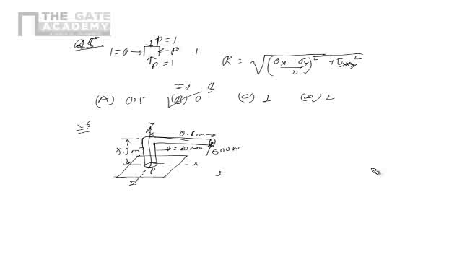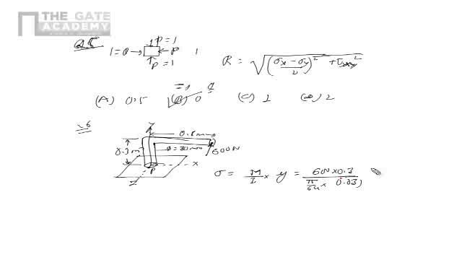It's easy to find out. Normal stress is nothing but M upon I into Y. What is the moment at this location? The moment is 600 multiplied by the height, 600 into 0.3 Newton meter, divided by I of circular cross section, which is pi by 64 into d to the power 4.